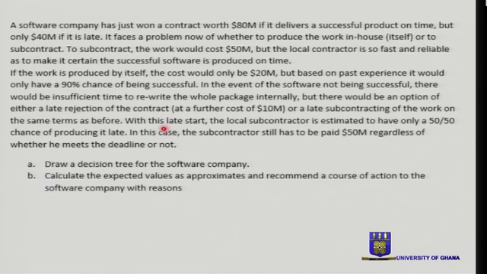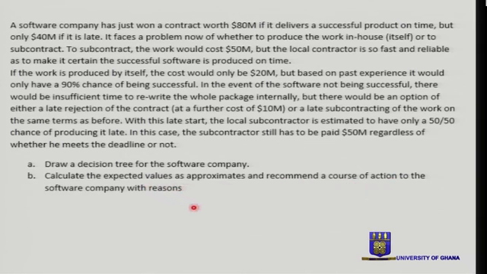With this late start, the local contractor is estimated to have only a 50-50 chance of producing it late. In this case, the contractor still has to be paid $50 million regardless of whether he meets the deadline or not. So here, the A portion says draw a decision tree for the software company and then calculate the expected values as approximates and recommend a course of action to the software company with reasons.